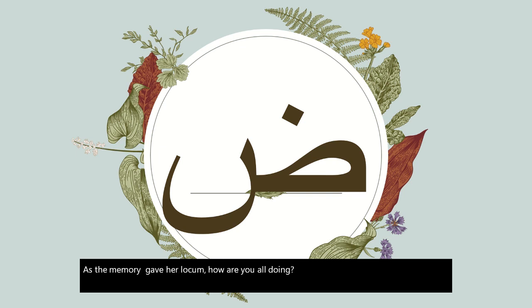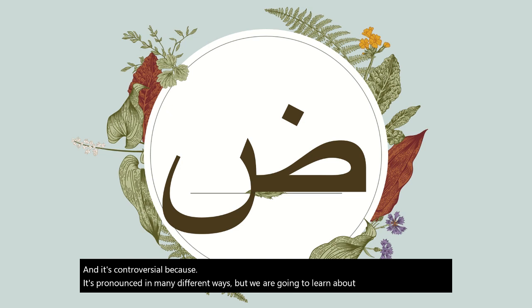Today we are going to learn about the most controversial letter in the Arabic language. And it's controversial because it's pronounced in many different ways. But we are going to learn about the standard way of pronouncing it.